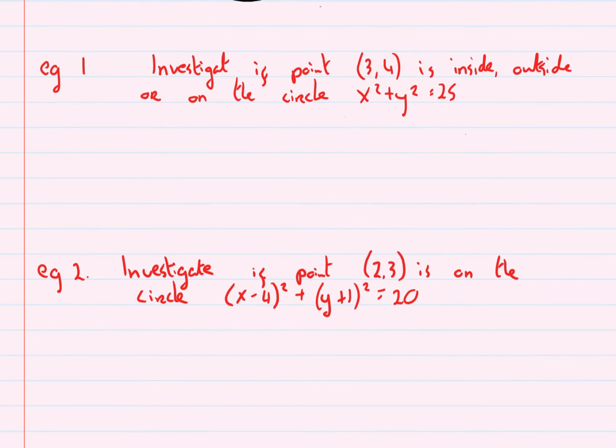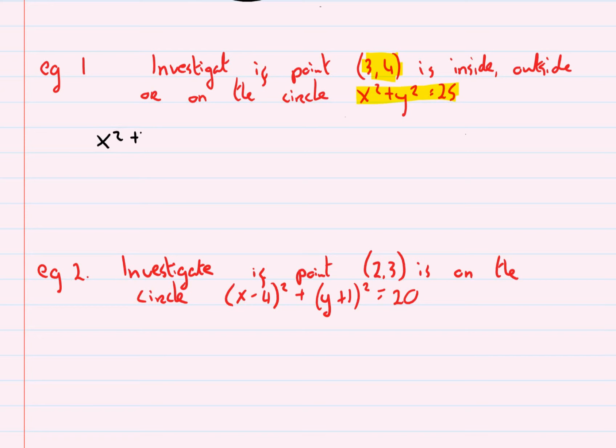So, example 1. Investigate if the point 3,4 lies inside, outside or on this circle. Okay, and this circle is a circle with centre 0,0, but it doesn't actually matter. So here's what we do.